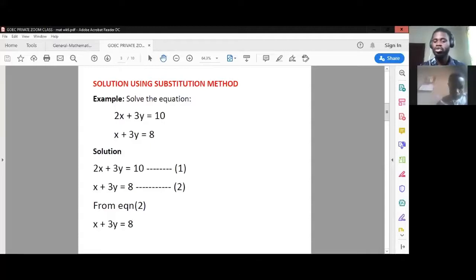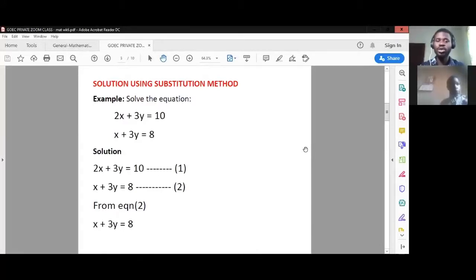So we are going to go straight away to solve this simultaneous linear equation using the substitution method. Like I said, today we are concentrating on the substitution method. Most times in the classroom, the teacher does not have enough time to introduce to the students details about each of these methods. So that is why we are appreciating this kind of platform where we are able to look at each of them one after the other.